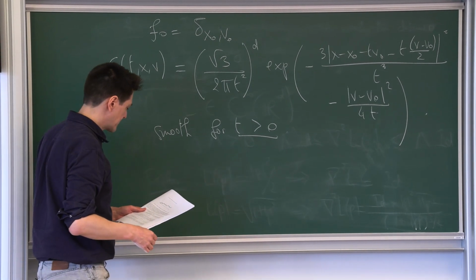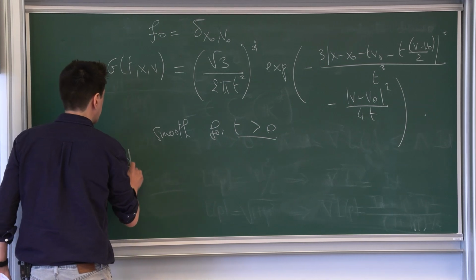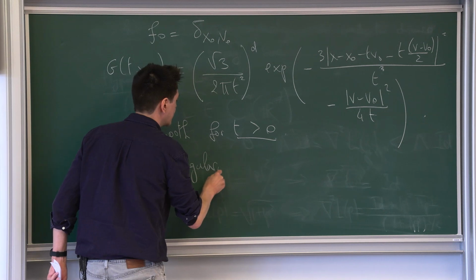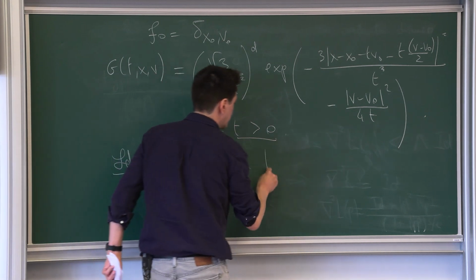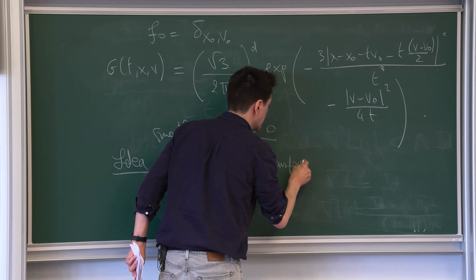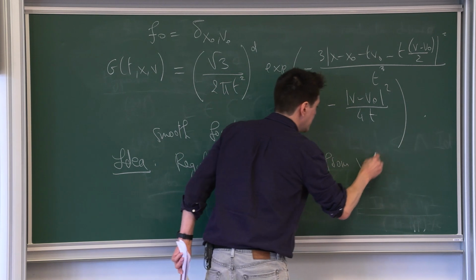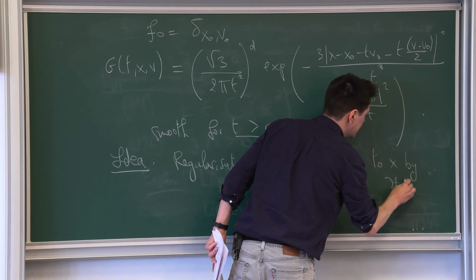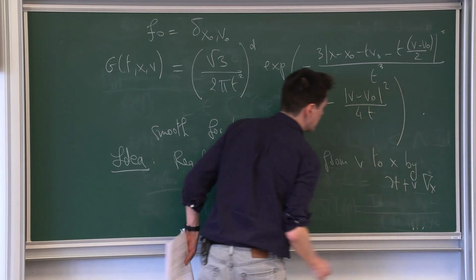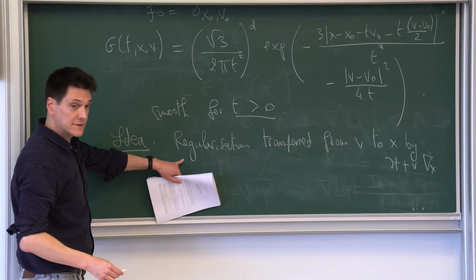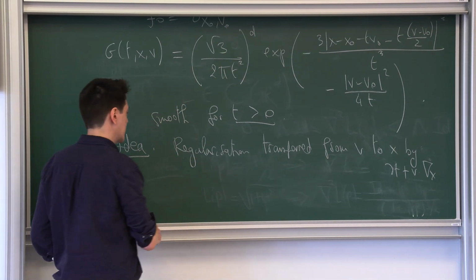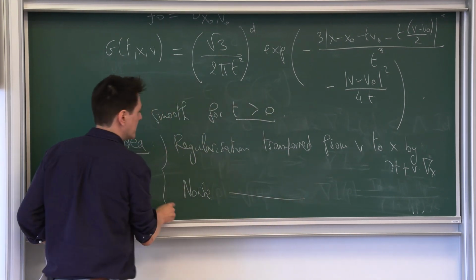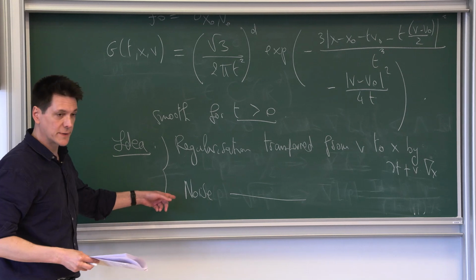And the idea is that the regularity, or the regularization, I should say, is transferred from V to X by the first order operator, which is this dt plus V grad X. And if you want to think about that in terms of the stochastic trajectories, you could say that the noise is transferred from V to X by this first order operator.